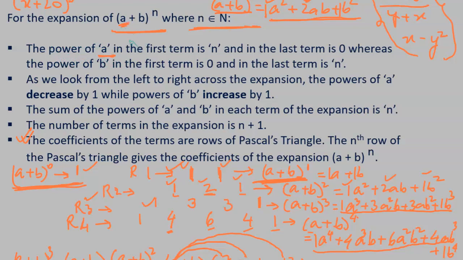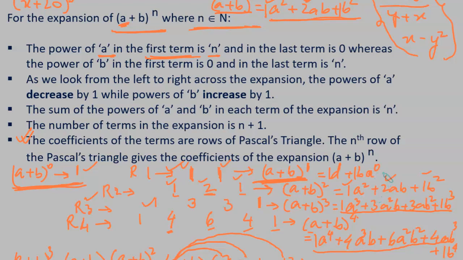The first term of the binomial expression. The power of a in the first term is n. See, it is a plus b to the power of 1, that is n equal to 1. So, power of a in the first term is 1 and in the last term is 0, because it is a to the power of 0. A to the power of 0 is 1.